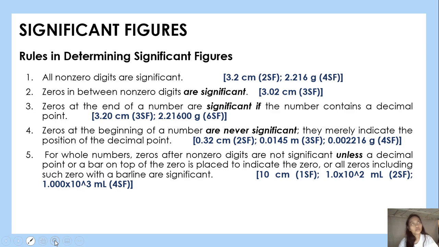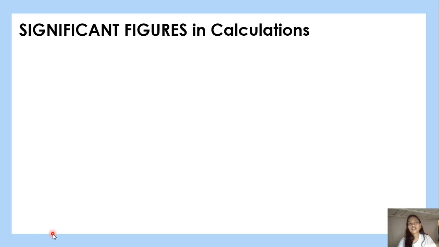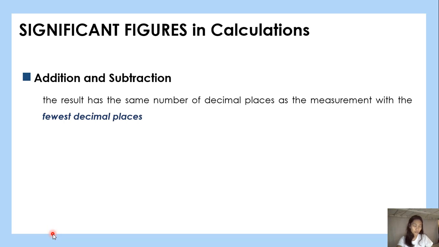Also, we have rules in calculating significant figures. The first one is in addition or subtraction. In addition or subtraction, the result must have the same number of decimal places as the measurement with the fewest decimal places.